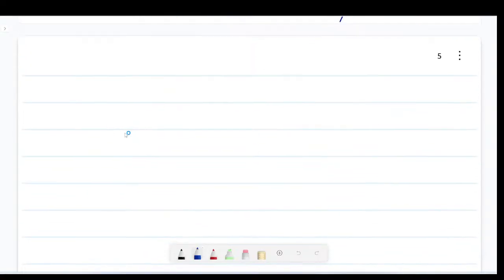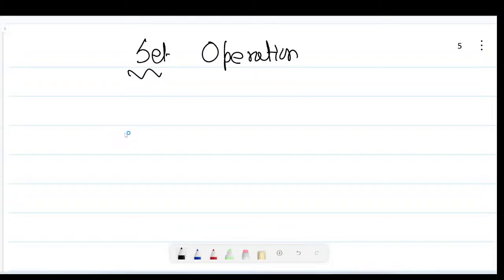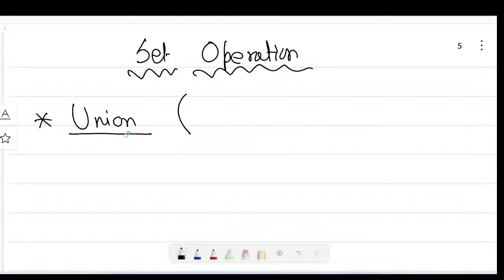So today we shall discuss about set operation. At first come to union, and the symbol of union is this.